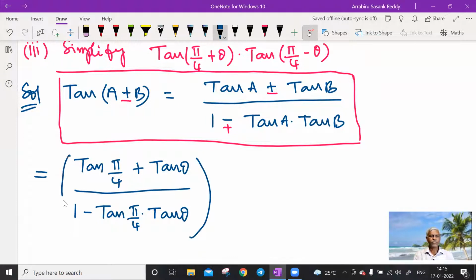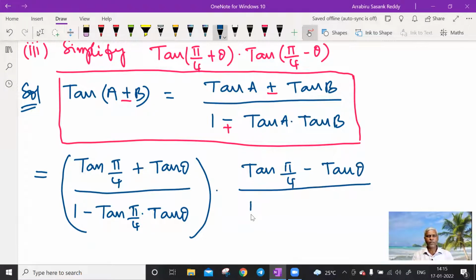So this is the first term. And this one is tan(A minus B): the formula is tan A minus tan B by 1 plus tan A into tan B.